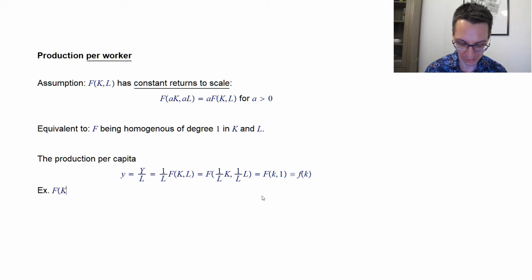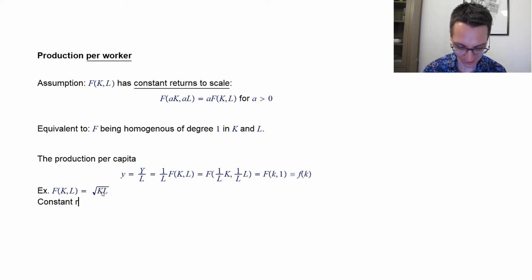So let's imagine that f of K, L is simply the Cobb-Douglas with 0.5, or a square root, so it's equal to square root of KL. So that's a valid function. Why? Because it has constant returns to scale. If I multiply K and L by a, for instance, then let me show it to you.